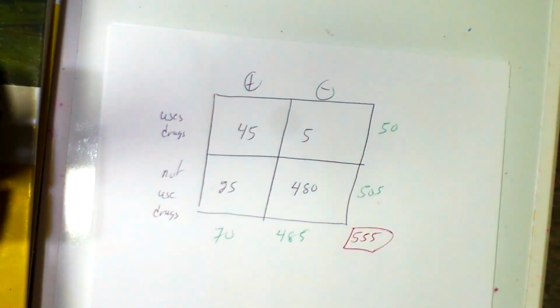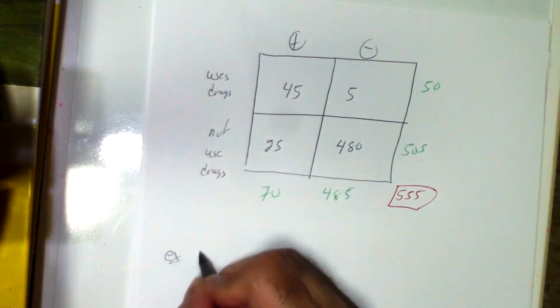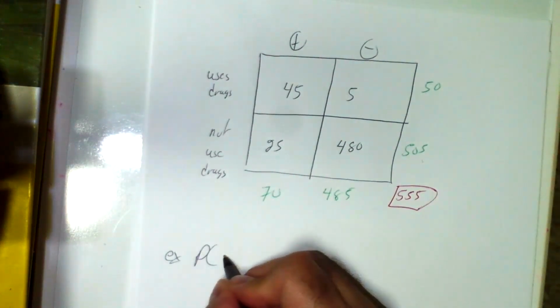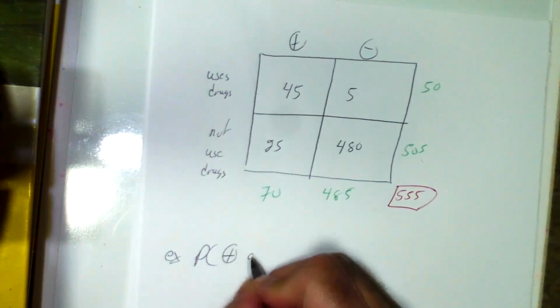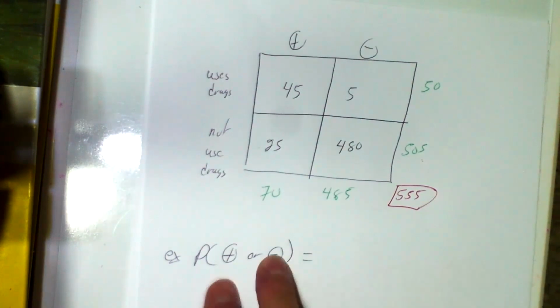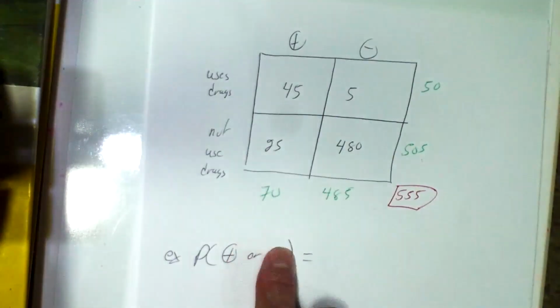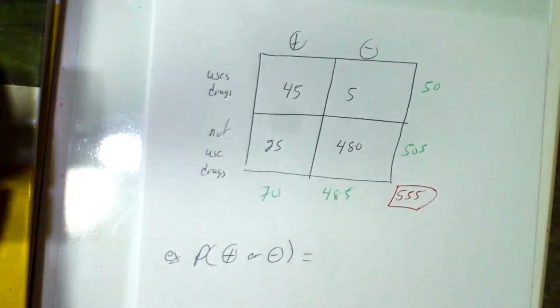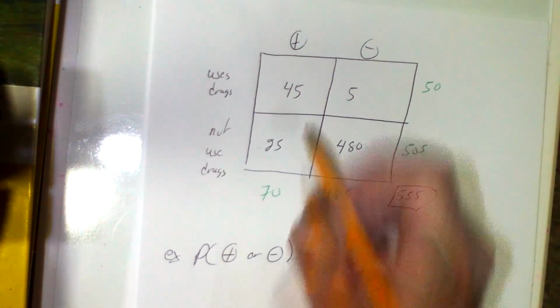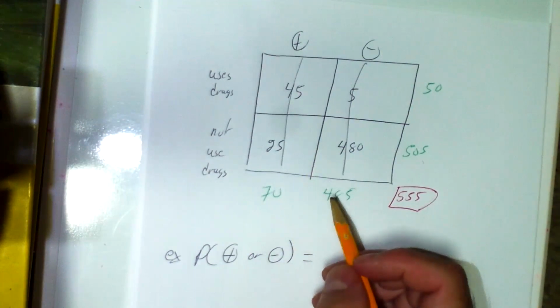And now let me give you an example of one where you use the disjoint formula. Suppose that we ask you to find the probability of positive or negative. Why are these two events disjoint? Well, this is a column category. They are the test results, and so is the other one. It's a column. So if I drew a line through this column and this column, notice that my lines do not intersect.